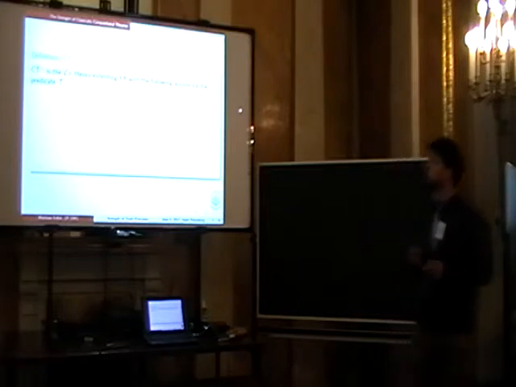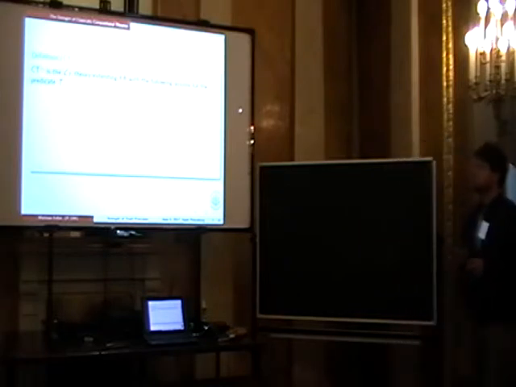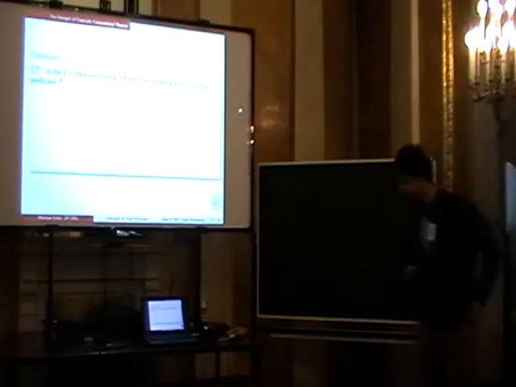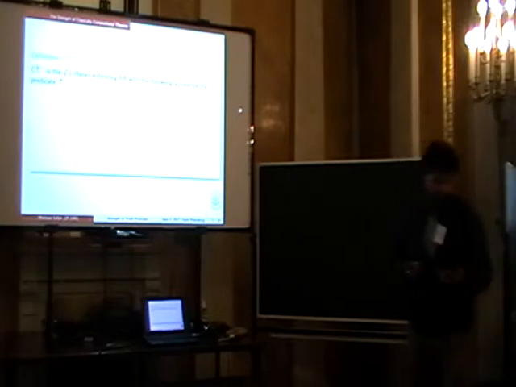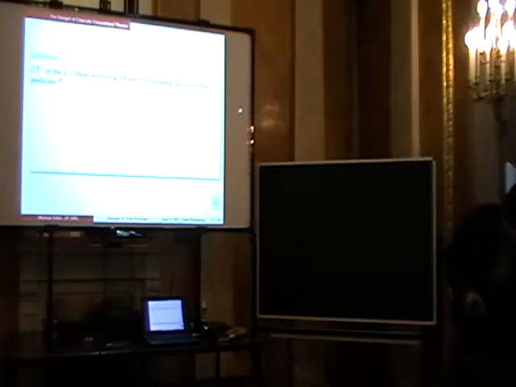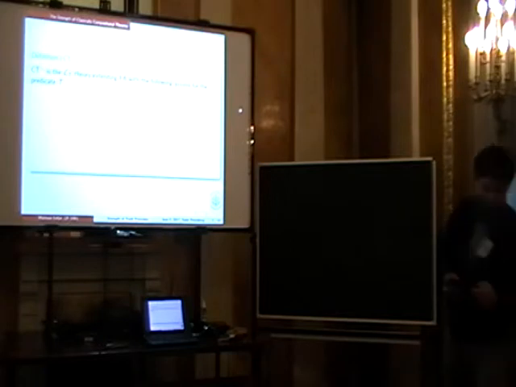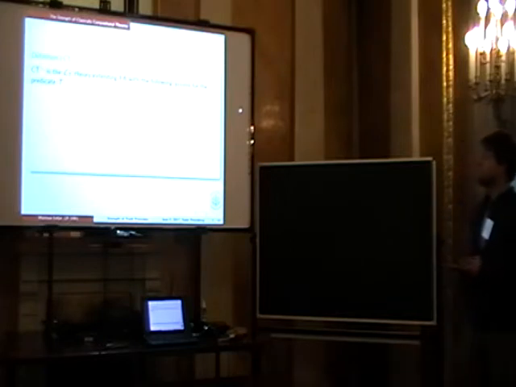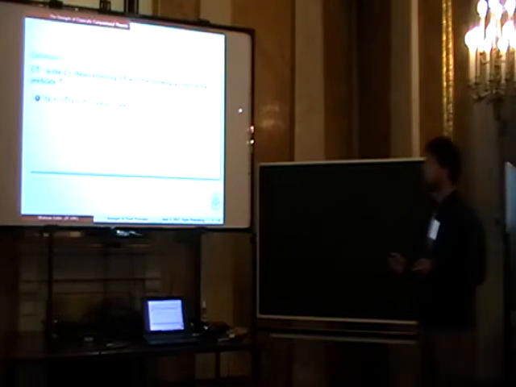Let me introduce the most basic theory that we will occupy ourselves with during the first part of this talk. CT minus is the basic classically compositional theory of truth.